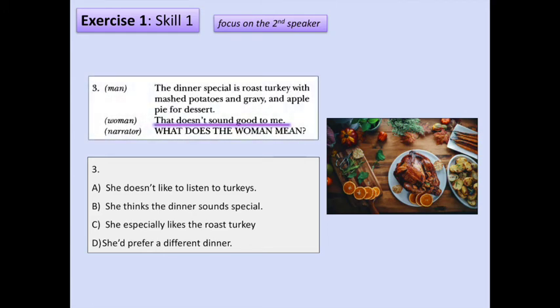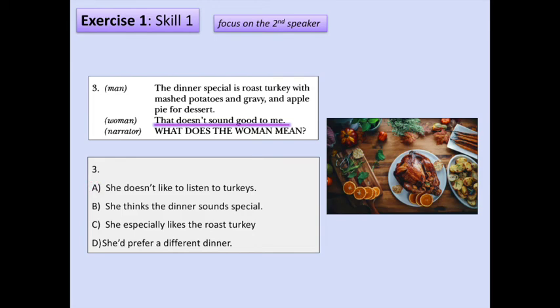This is what you heard. So let's focus on what the second speaker said. That doesn't sound good to me. And look at the answers. A, she doesn't like to listen to turkeys? No, that does not make sense.